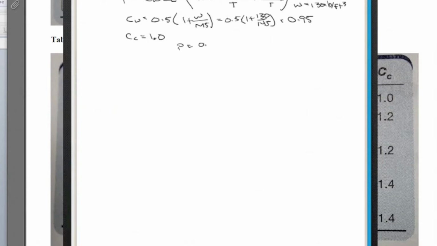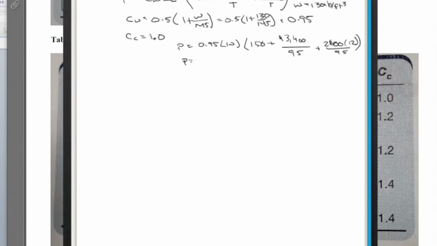Alright, so we'll go ahead and find our P now. It is 0.95 times 1 times (150 plus 43,400 over 95 plus 2800 times 12 over 95).